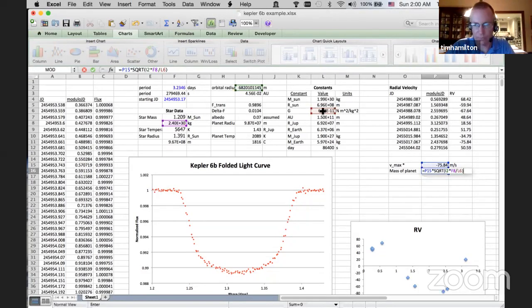All right, let's think of a drum roll here as we see what we get. What are the units? Oh, that's a negative. Huh. You know what I should have done? I should take the absolute value.